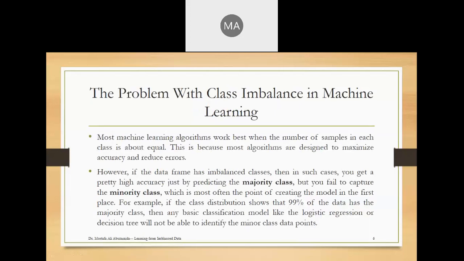However, if the data frame has imbalanced classes, you get a high accuracy just by predicting the majority class, while on the other hand we get less accuracy for the minority class.